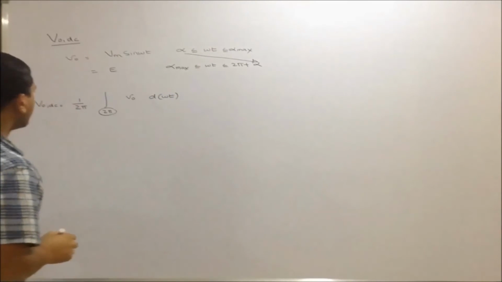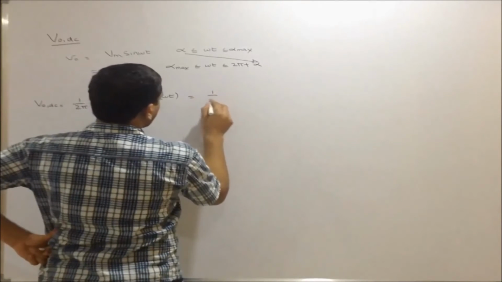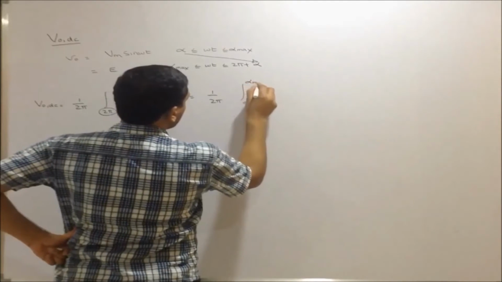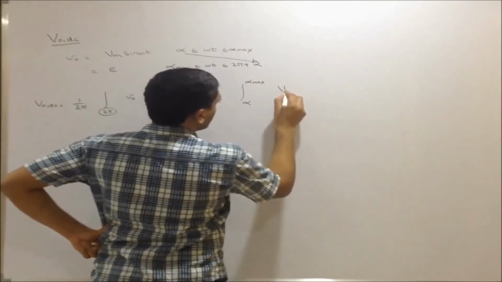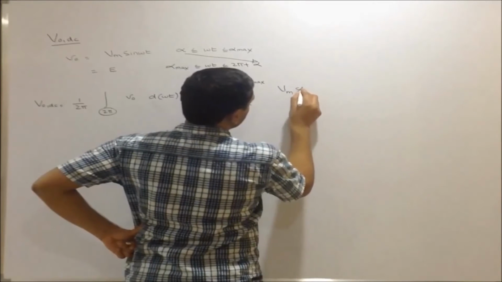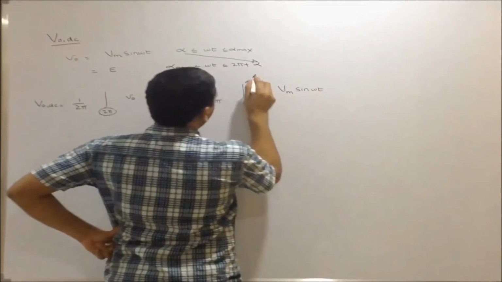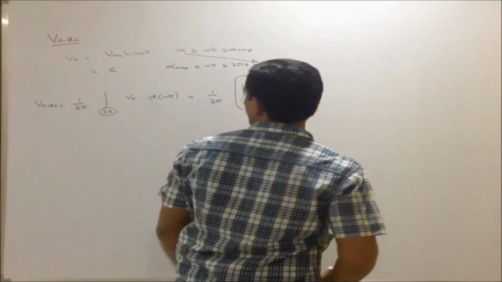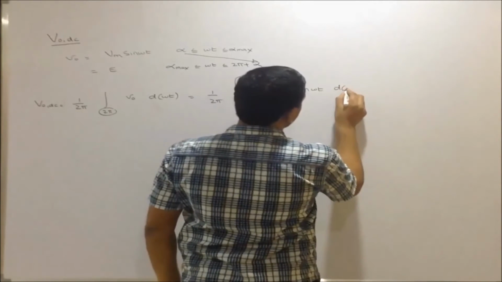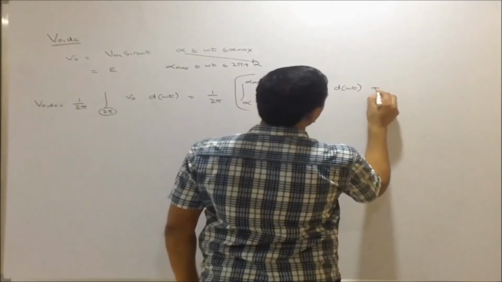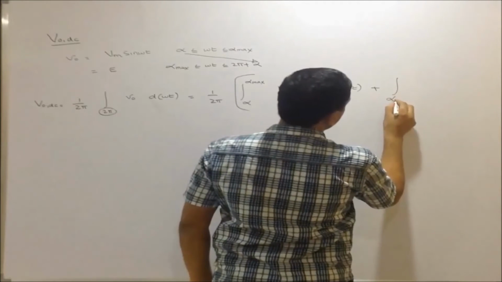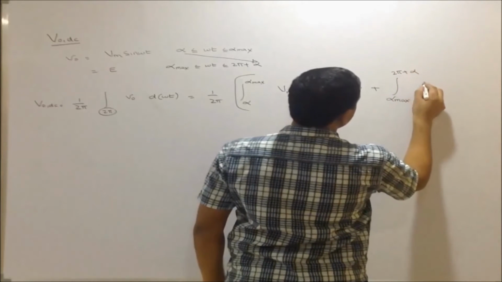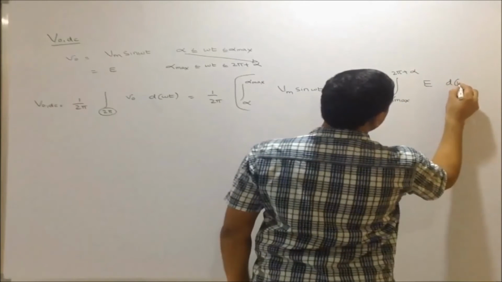Now you expand: 1 by 2 pi, integral alpha to alpha max of Vm sin omega t, which is the V0 value from alpha to alpha max, into d omega t, plus alpha max to 2 pi plus alpha, where V0 is E, into d omega t.